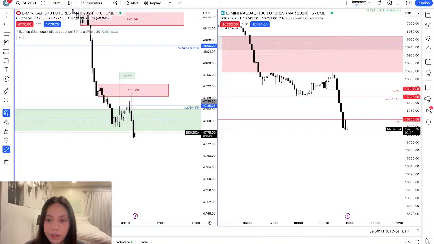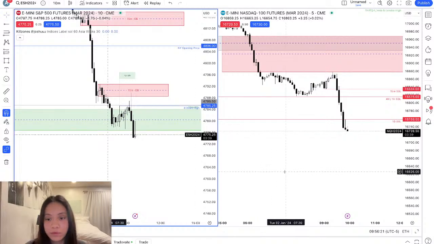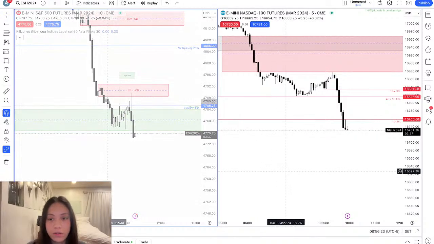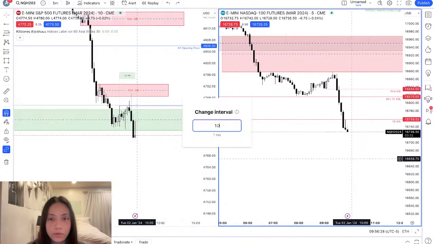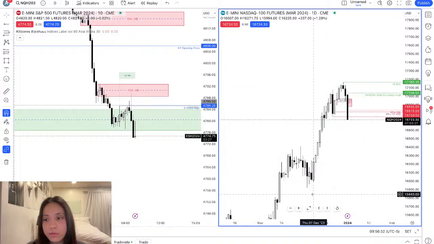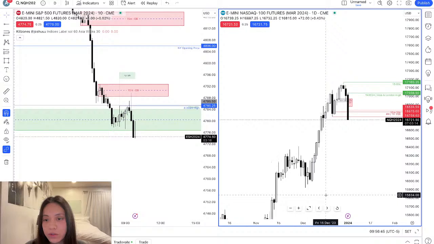NQ December 15th is your sell side. NQ, oops. NQ December 15th is your sell side. So I'm guessing that was hit.